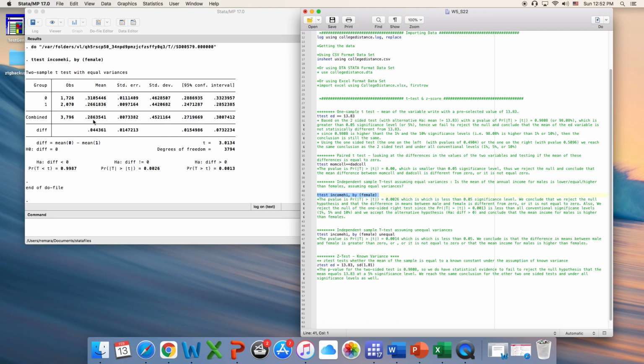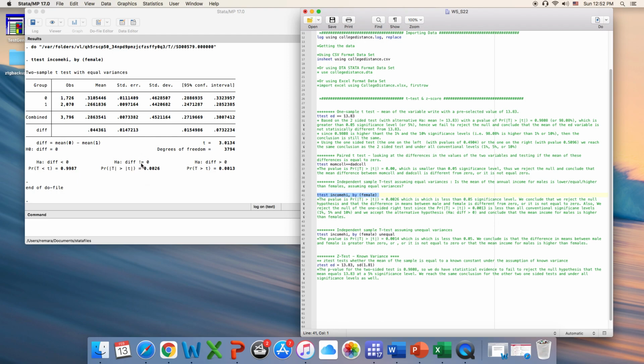The test is saying that the difference in means, which is this number, is equal to 0. It's very, very small, that is statistically not important. So you test this difference, whether the mean of income for males minus the mean of income for females is equal to 0.